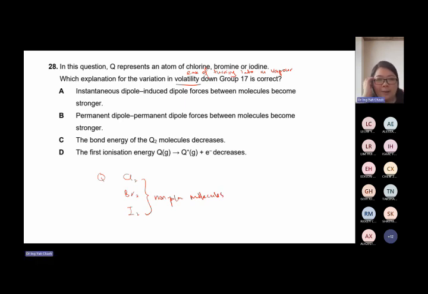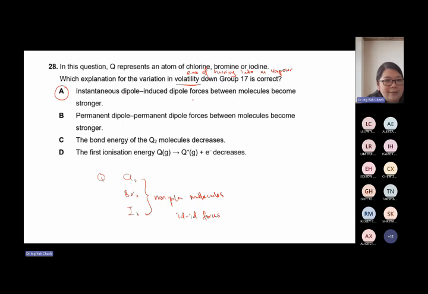So there's only one type of intermolecular forces, ID, instantaneous dipole induced dipole forces. You can use ID for instantaneous dipole induced dipole in your paper too, so you don't have to write the full name. They accept ID. That will save your time. So how easily they become gas? As long as you overcome the ID forces between the molecules, they become a gas. So the answer is A because I only see ID forces in A.